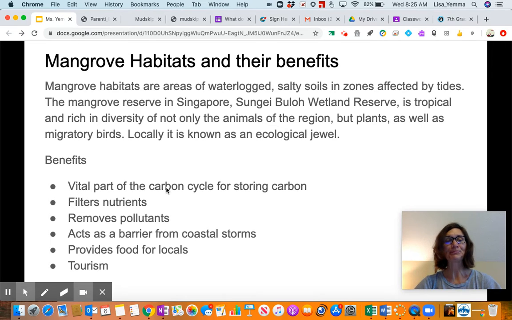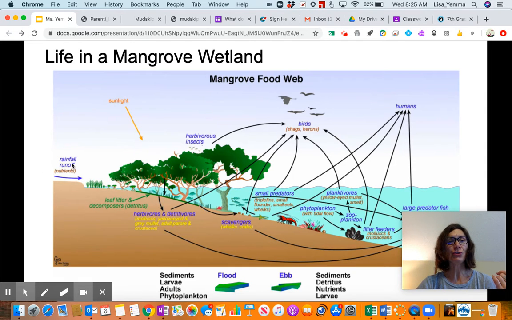We want those. Another beneficial role of my habitat, of my mangrove, is it filters nutrients. So as water comes in and out, the other thing that's shown here is, do you see where this says rainfall runoff? Coming down rivers, rainfall into this ecosystem, as the rain comes down, it gets filtered through a lot of these plant roots.